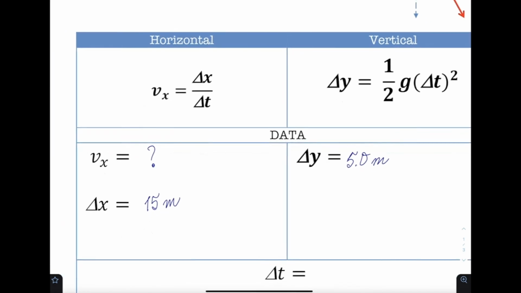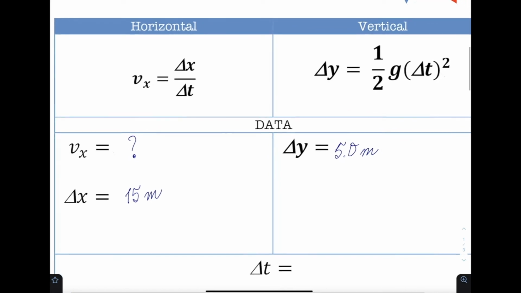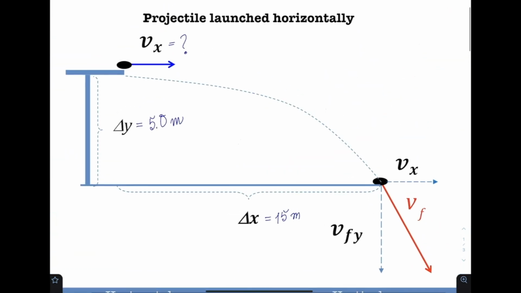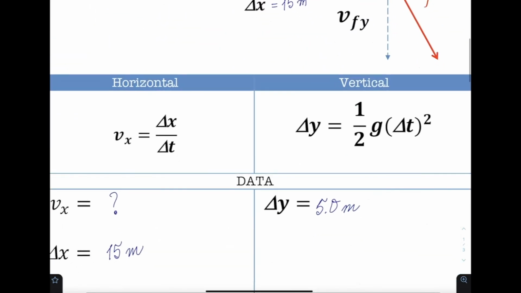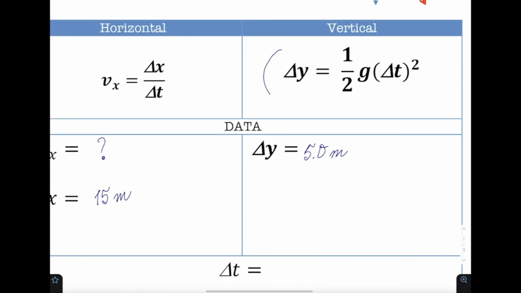We cannot find time horizontally because we have two variables and only one equation. There's nothing we can do there. But if we know our vertical displacement, we can find, only for this one, our time using the formula right here.